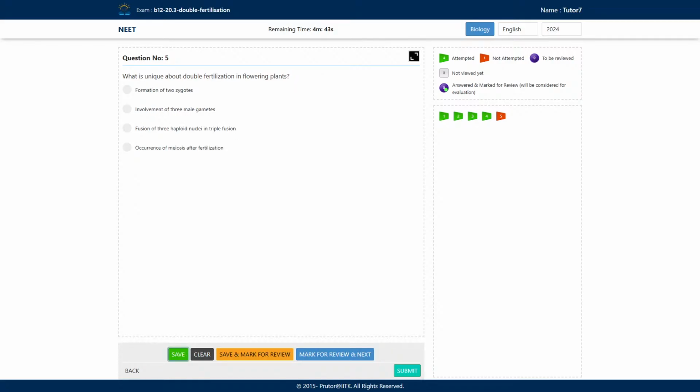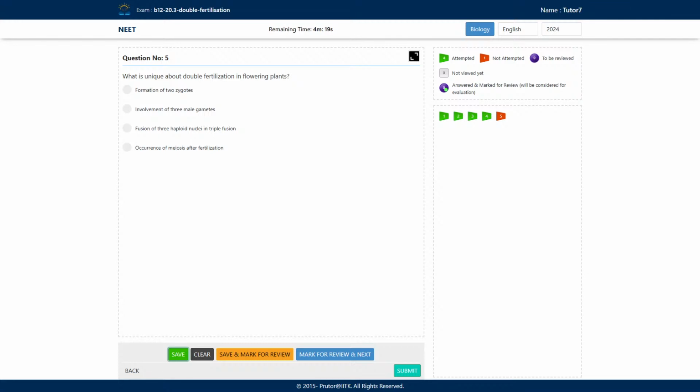What is unique about double fertilization in flowering plants? They are asking the unique feature. A, formation of two zygotes. B, involvement of three male gametes. C, fusion of three haploid nuclei in a triple fusion. And D, occurrence of meiosis after fertilization. So, which is the correct answer?